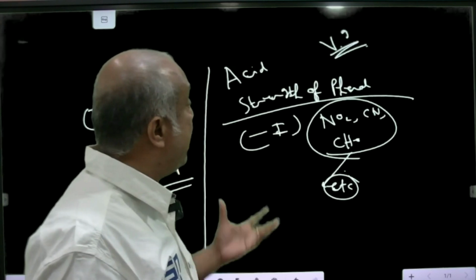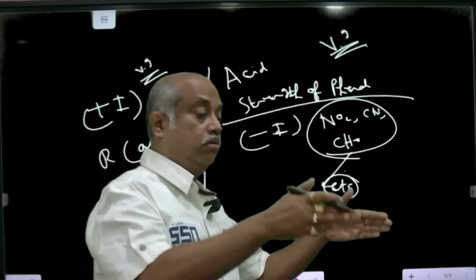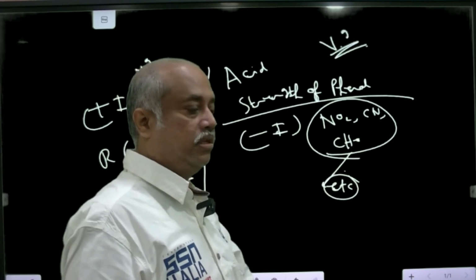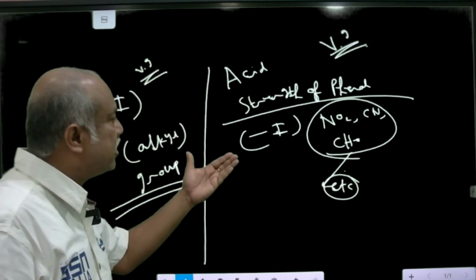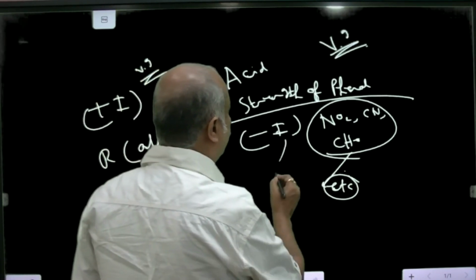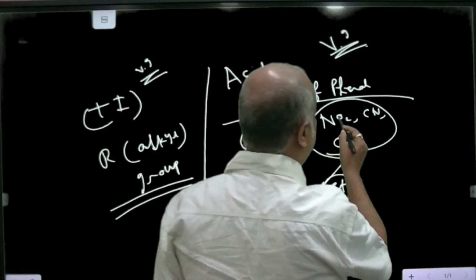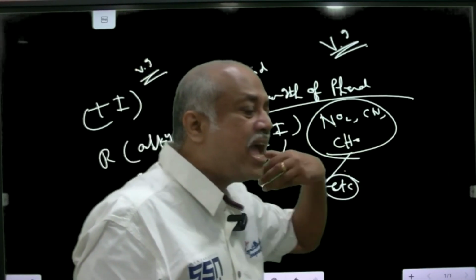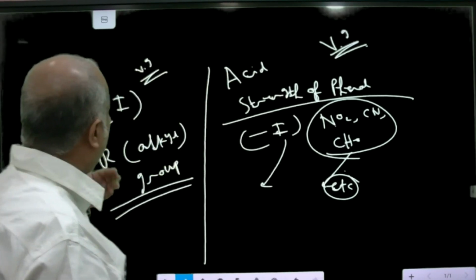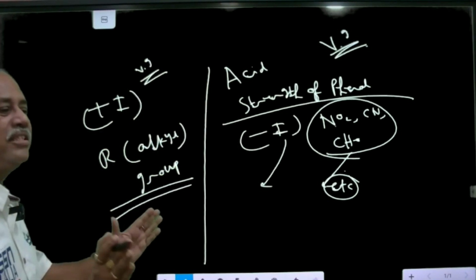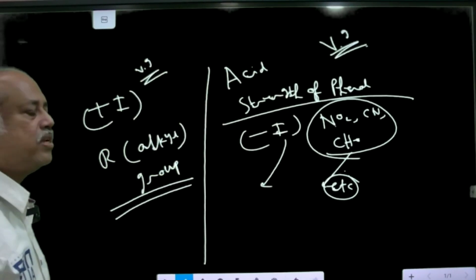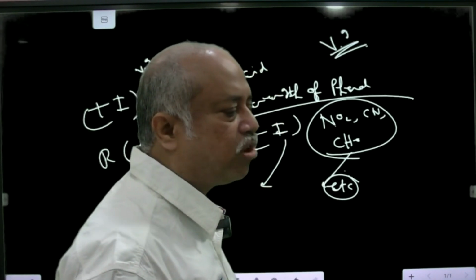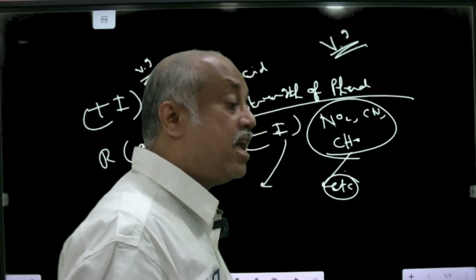On the other hand, any substituent on phenol, whether ortho, meta, para, whatever it may be, with minus I effect or electron withdrawing effect, just like NO2, CN, CHO, etc., increases the acid strength of phenol. Plus I effect mainly means alkyl group, methyl, ethyl, which can decrease the acid strength of phenol.